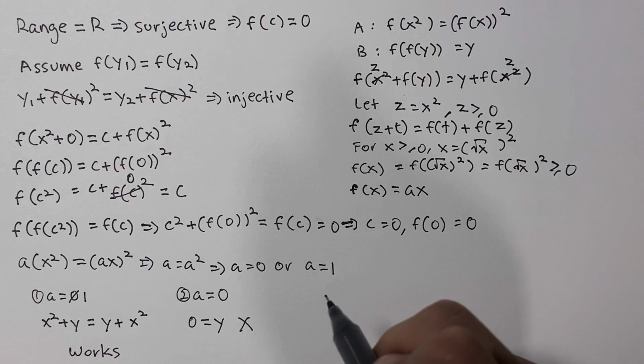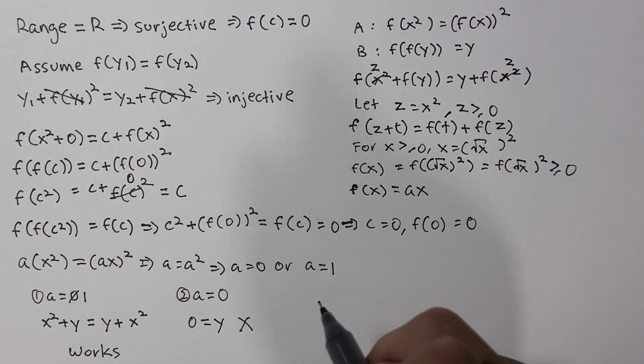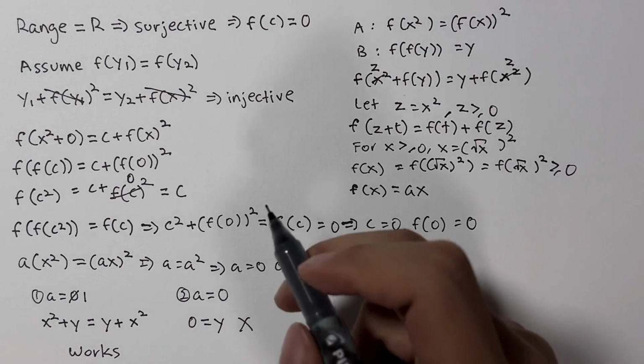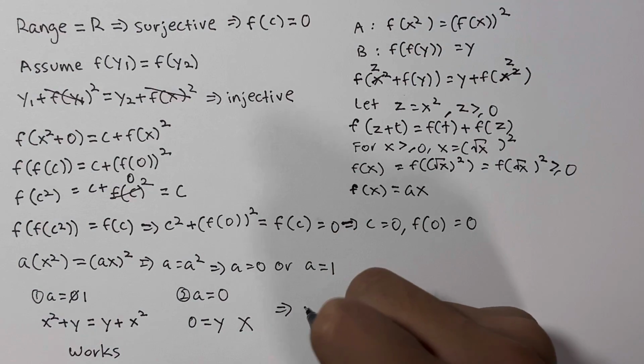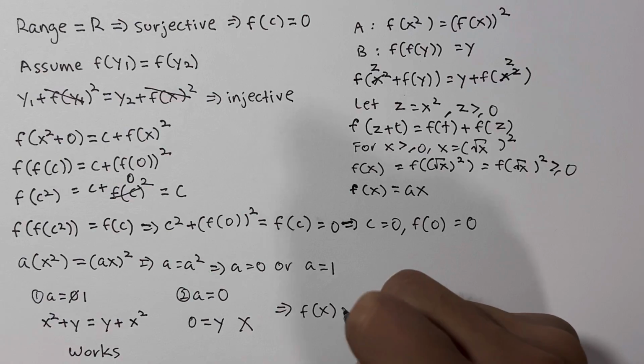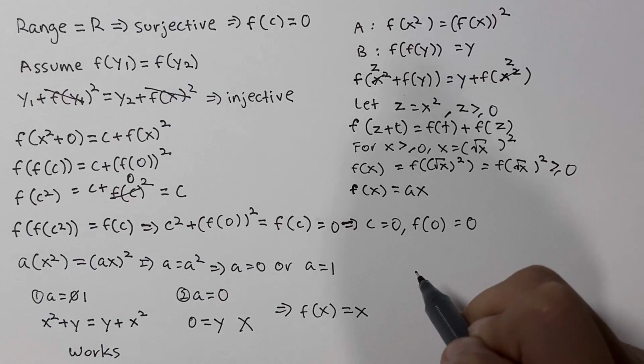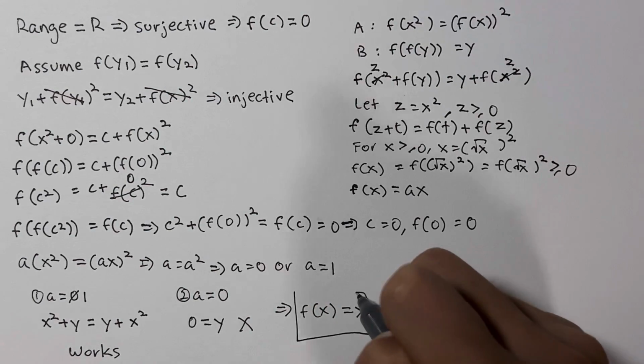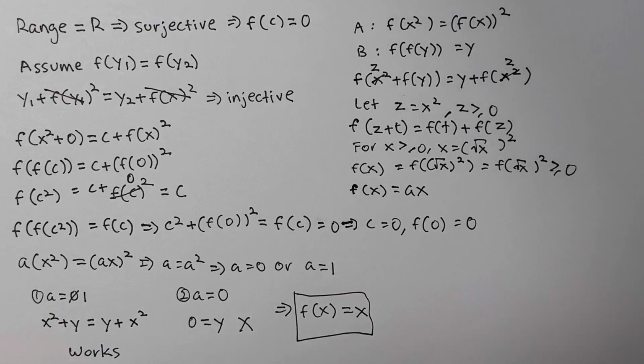So after breaking down the solutions and properties of the function, we found that there's only one function that satisfies the condition for all real numbers. That means the only solution is f(x) equals x. And that is how you solve this challenging IMO problem.